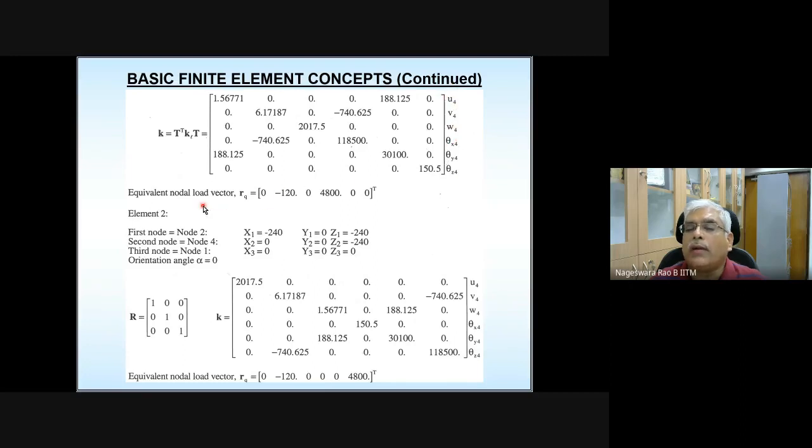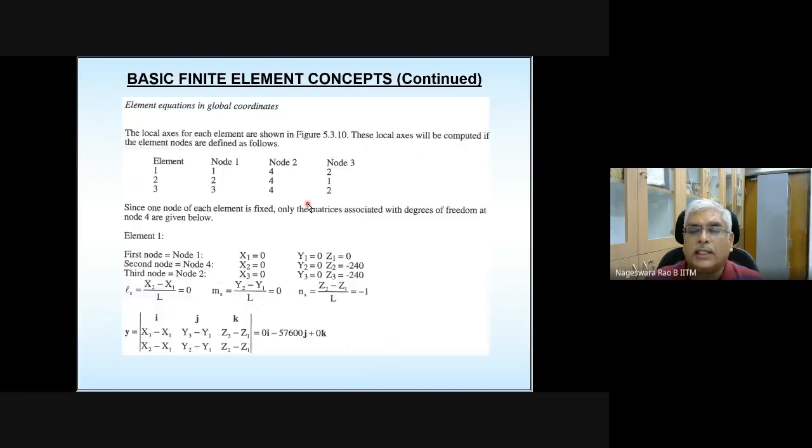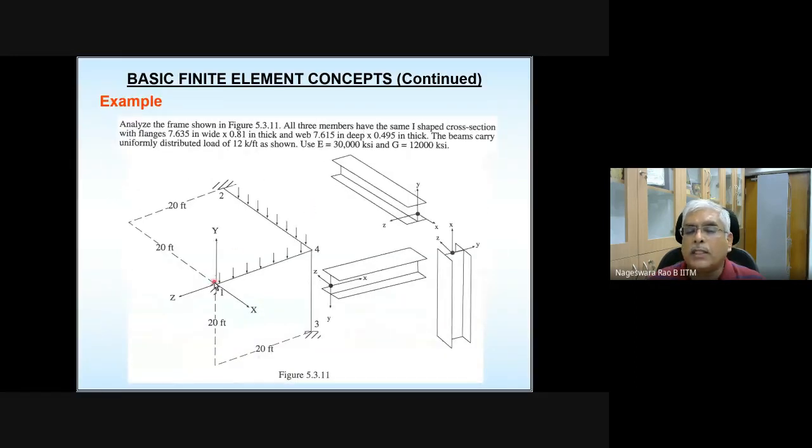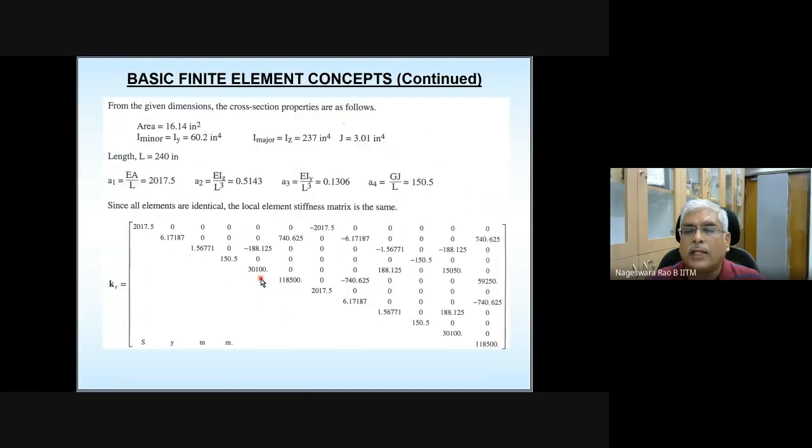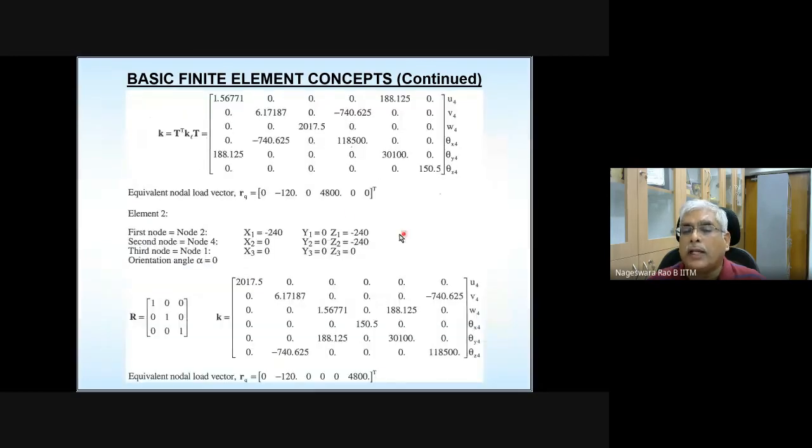And what is the equivalent load vector? You can see here, for this frame element, UDL is applied. So you can go to your fixed end moments and then reverse the sign. That is how you get the equivalent load for the UDL, and then you need to put it in the corresponding locations. If you do that, you can cross check it, you get this.